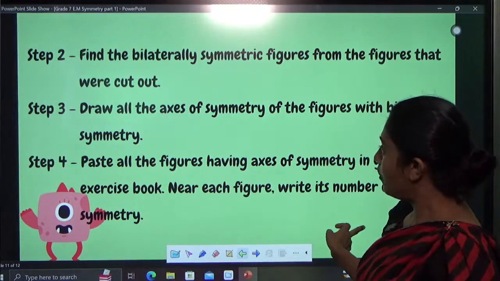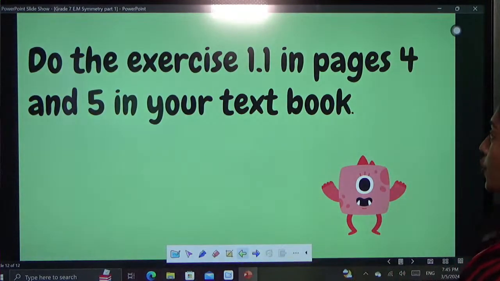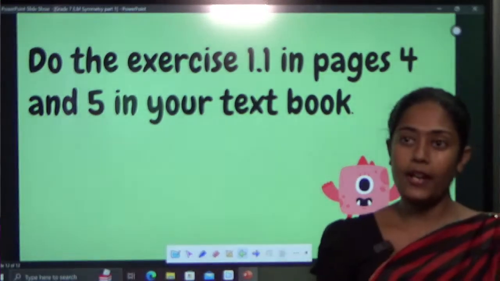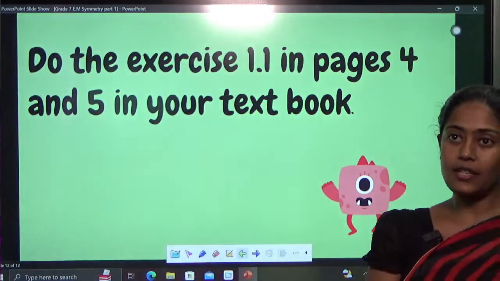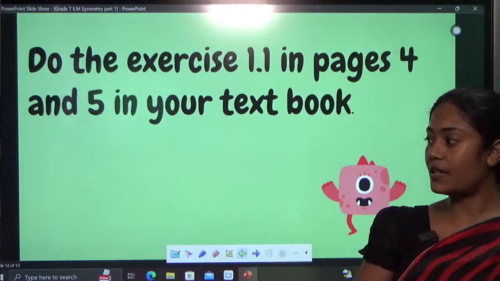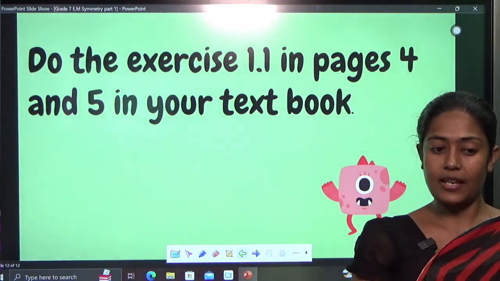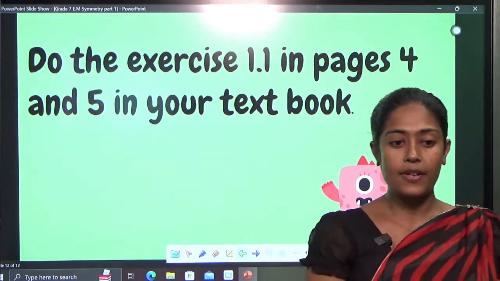Then another homework for you, this one. Do the exercise 1.1 on pages 4 and 5 in your textbook. There are 3 questions I think. So you have to do those questions and you can join with me next time, right. I think you can understand the lesson I have done today.